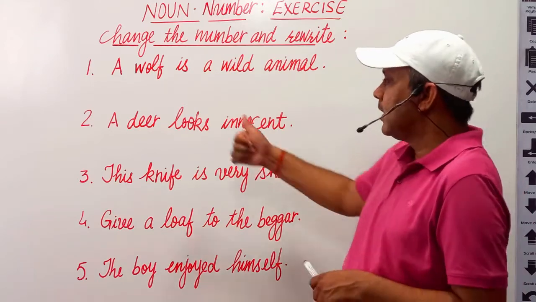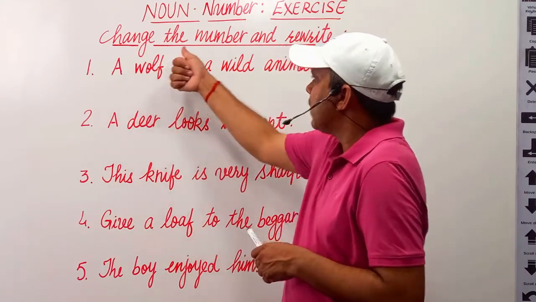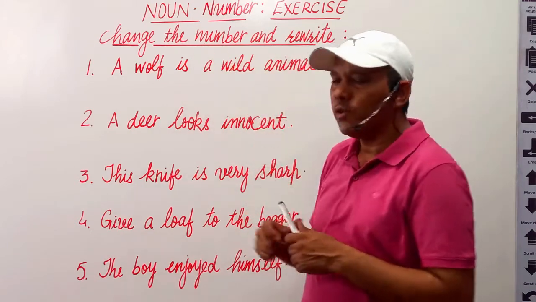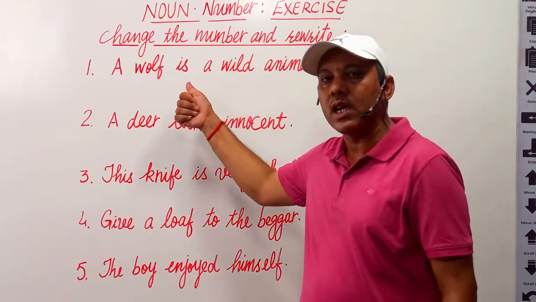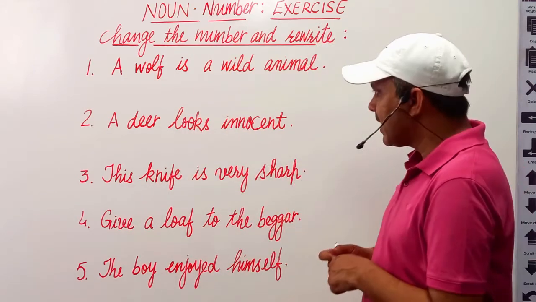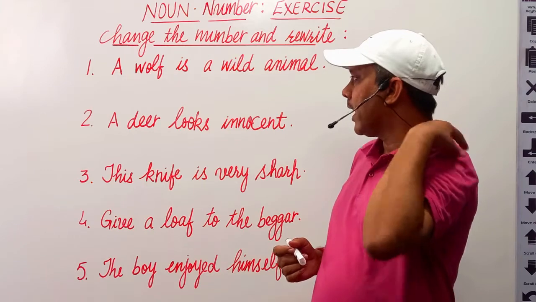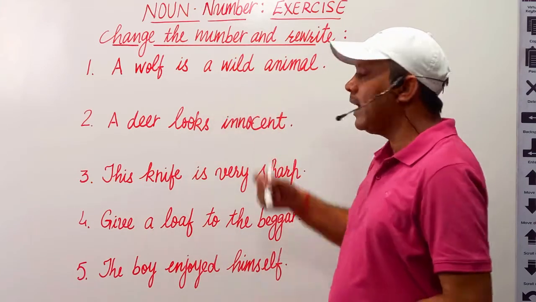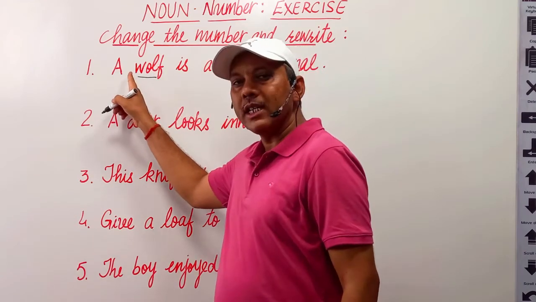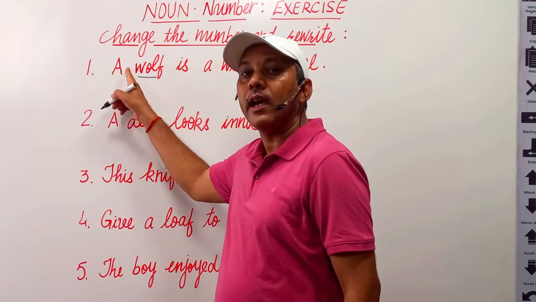For example, there is a first sentence, change the number and rewrite. Here we have to change the number of nouns and rewrite the sentences correctly. The first sentence is, a wolf is a wild animal. Here wolf is a noun because it is preceded by an article a.